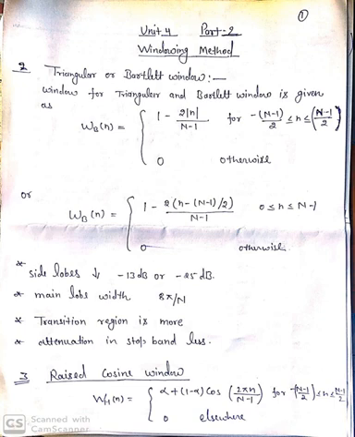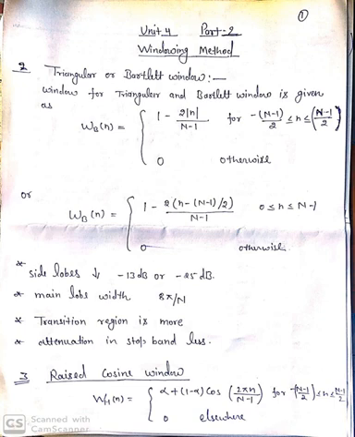So you can see in the magnitude response of the triangular or Bartlett window, the side lobe level is smaller than that of the rectangular window, being reduced from minus 13 dB to minus 25 dB. However, the main lobe width is now 8 pi by N, or twice that of the rectangular window.